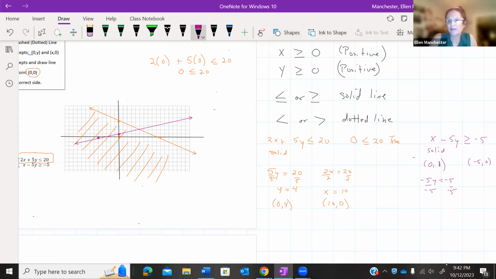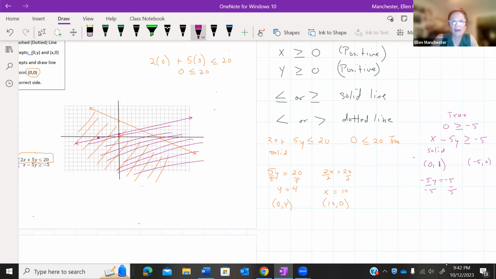Okay, and then I shade. So 0 is greater than or equal to negative 5. So again, know your number line: 0 is to the right of negative 5. So 0 is bigger than negative 5. So I'm going to shade down here where my 0, 0 sits. So you can see where the orange and the purple overlap. It's very clear where the orange and purple overlap.